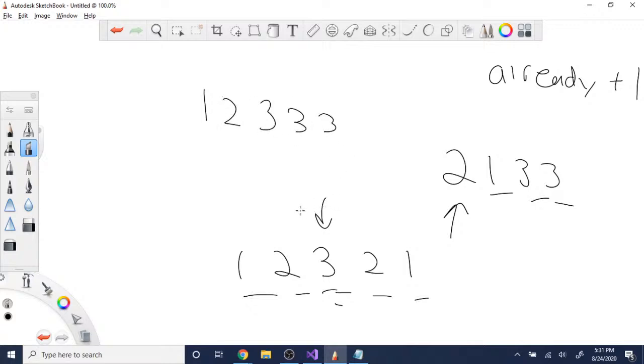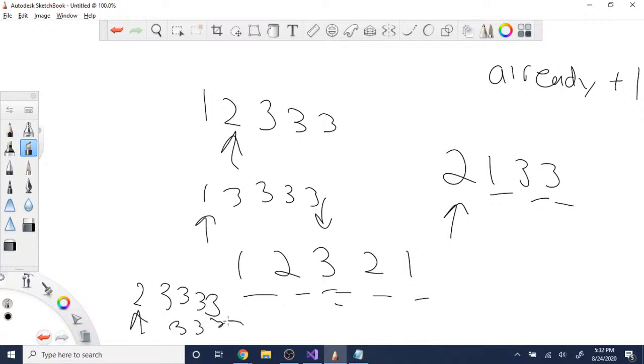How are you gonna do that? Increase 1 here, you get 1, 3, 3, 3, 3. Increase 1 here, you get 2, 3, 3, 3. Increase 1 here, you get 3, 3, 3, 3, 3. So most number of digits, right? I don't know. Oh boy. So there's 9 digits.